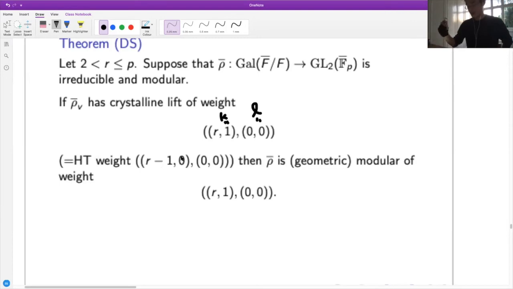In fact, it is expected that if rho bar is unramified at v, in other words, the Hodge-Tate weights are all equal, or if my l is 0, they're all zeros, then rho bar is expected to arise from parallel weight 1 modulo p. And the partial cases are known by Gee and Kassaei. But the case I'm having here is something in the middle.